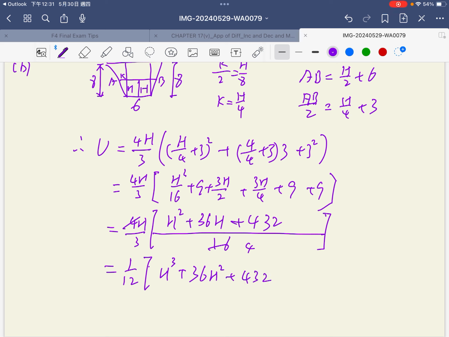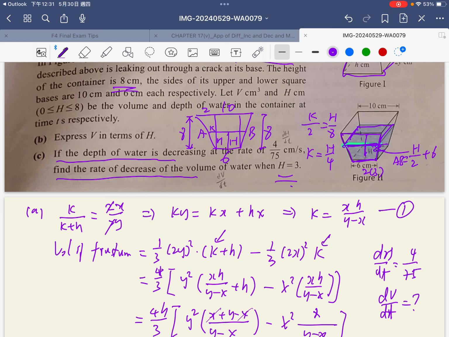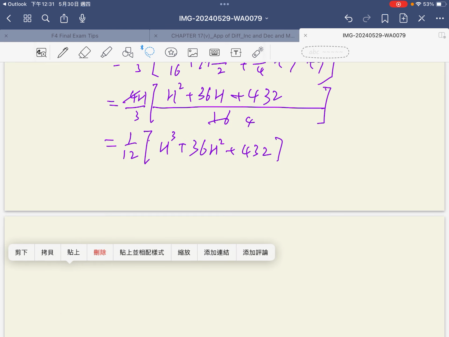Okay, and finally, for the final part, the depth of water is decreasing at a rate of 4/75, which means dH over dt equals 4/75. Find the rate of change of volume, which is equivalent to finding the value of dV over dt when h equals 3. Put this into this part.